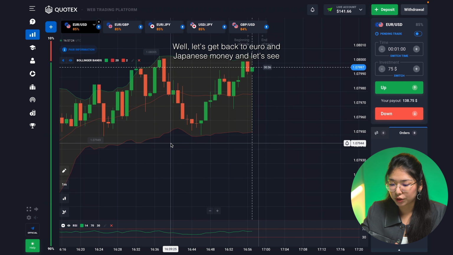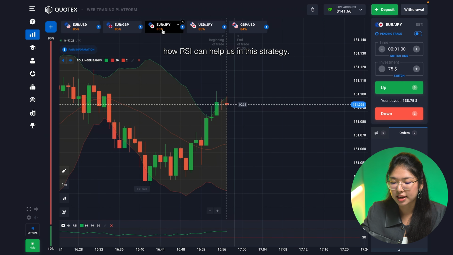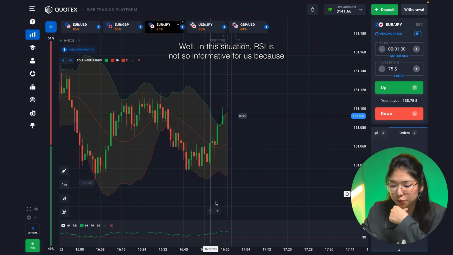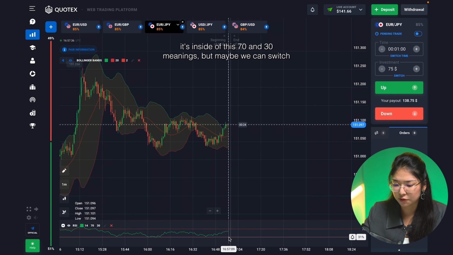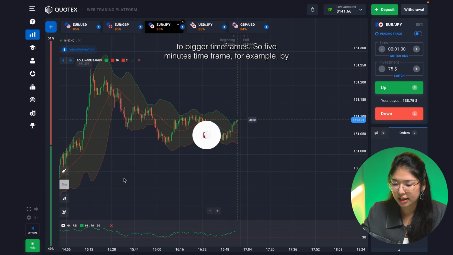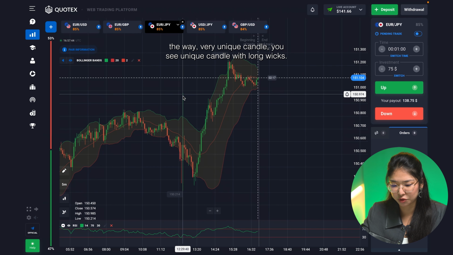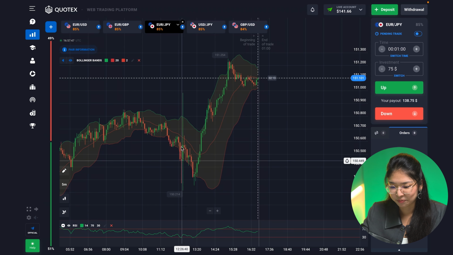Let's get back to euro and Japanese yen and let's see how RSI can help us in this strategy. Well, in this situation, RSI is not so informative for us because it's inside of these 1-minute candles, but maybe we can switch to bigger time frames. So 5 minutes time frame, for example. By the way, very unique candle. You see a unique candle with long wicks.